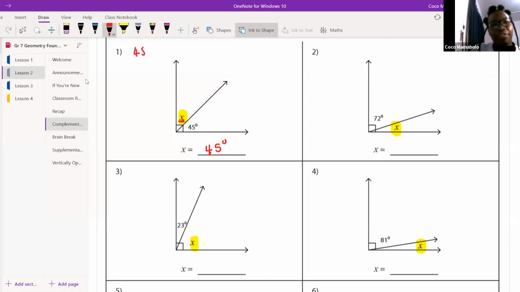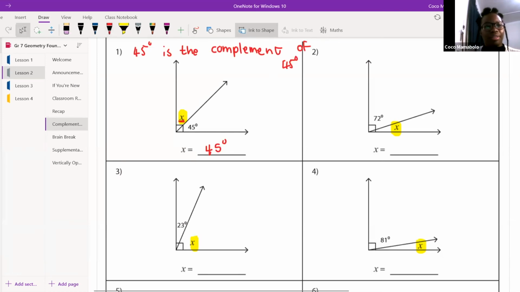I was saying 45 degrees is the, finish the sentence for me. Is the complement of 45 degrees. Good, of 45 degrees. Very well done. Amazing.